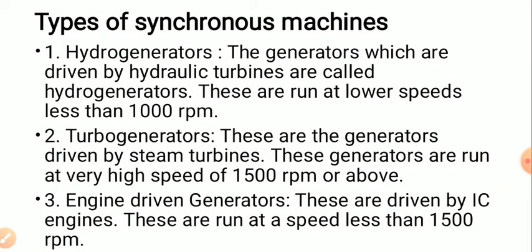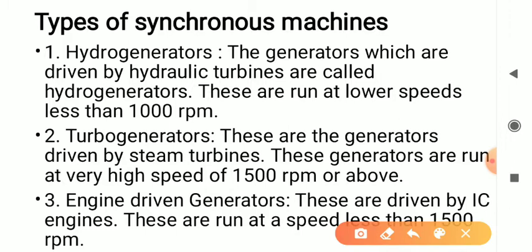Synchronous generators are broadly categorized into three types: hydro generators, turbo generators and engine driven generators. Hydro generators are driven by hydraulic turbines like the Francis turbine, Kaplan turbine or Pelton wheel turbine, and usually run at speeds below 1000 rpm.